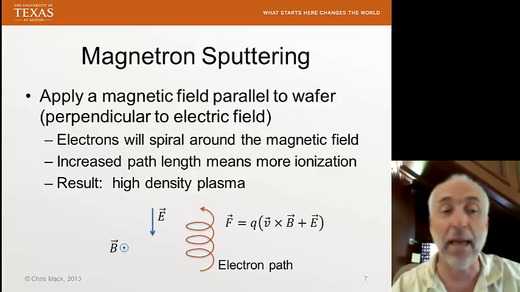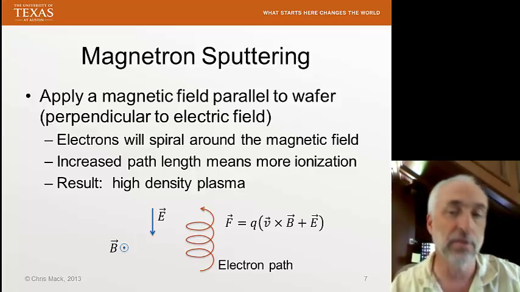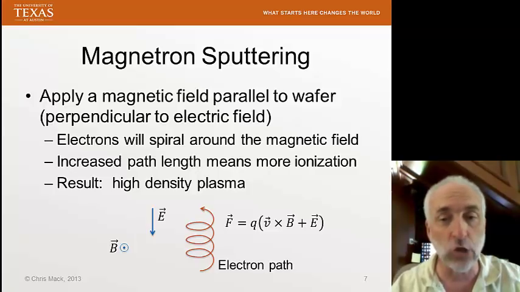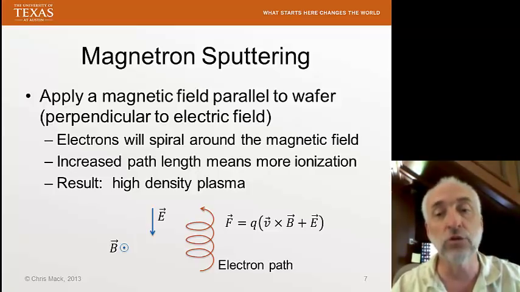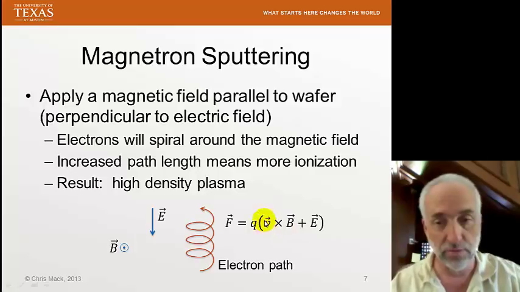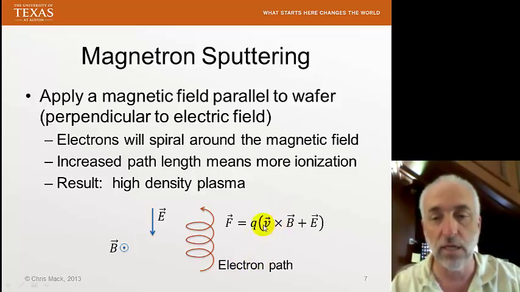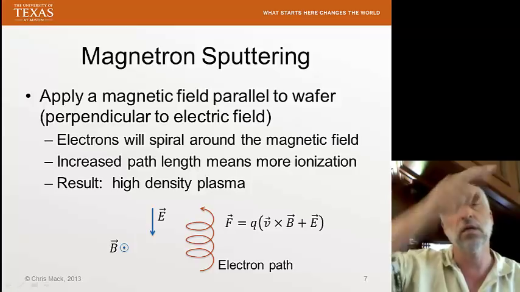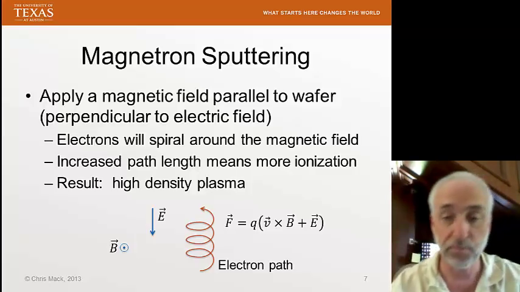Recall when we looked at mass analyzers in ion implantation that the magnetic field acting on a moving charge will produce a force equal to the charge times V cross B. So the faster the velocity of the electron, this cross product will create more of a force, and the result will be an electron that moves in a curved path.